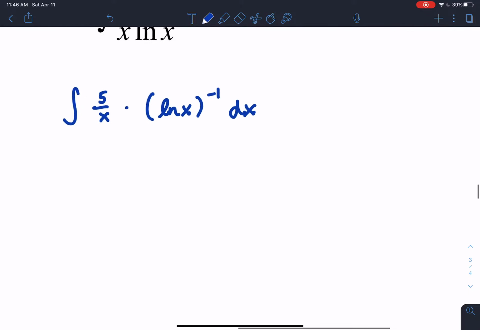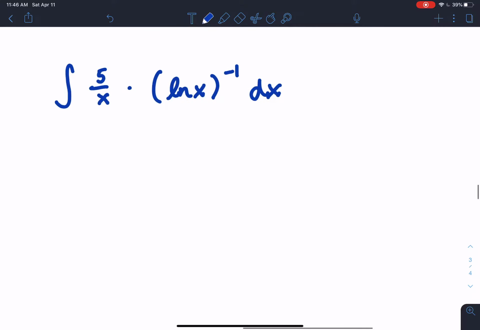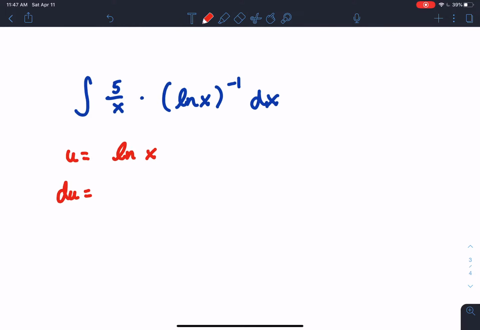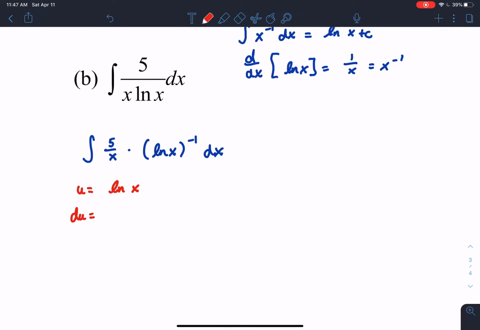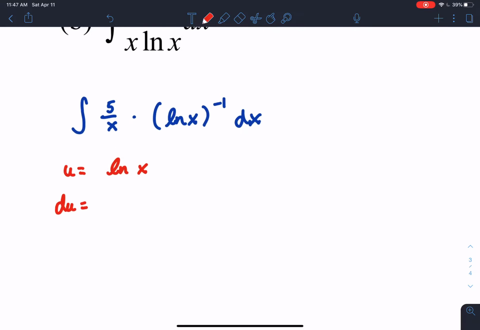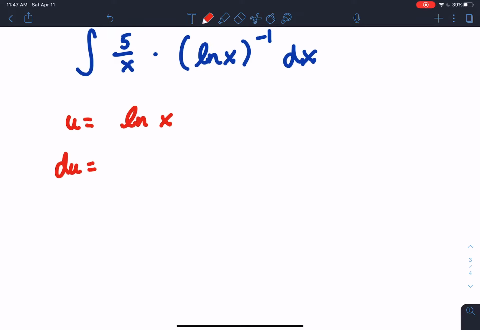Because the ln of x is being raised to the negative first, that's what I'm going to make my u term. So u is going to be ln of x. The derivative of ln of x is 1 over x, or x to the negative first.